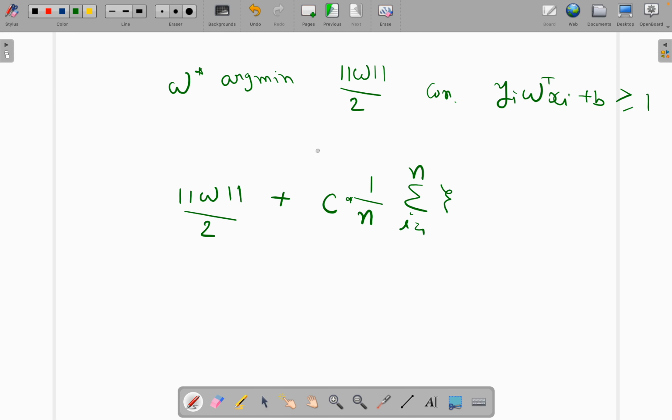Eta will be greater than or equal to 0, but eta will be greater than 0 for a misclassified point, and eta is equal to 0 for a correctly classified point.